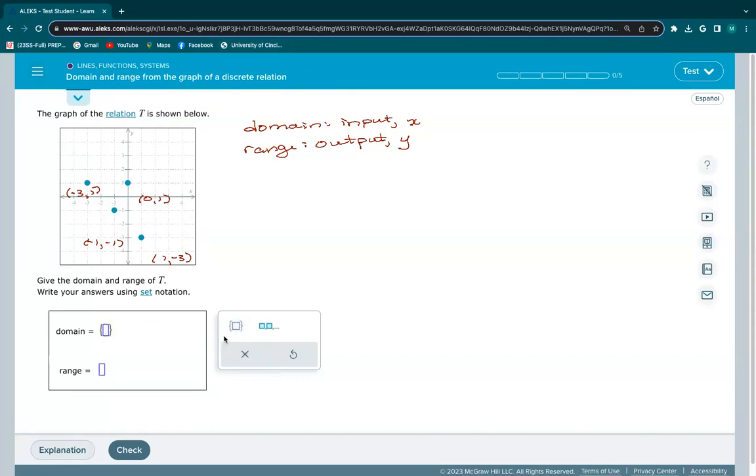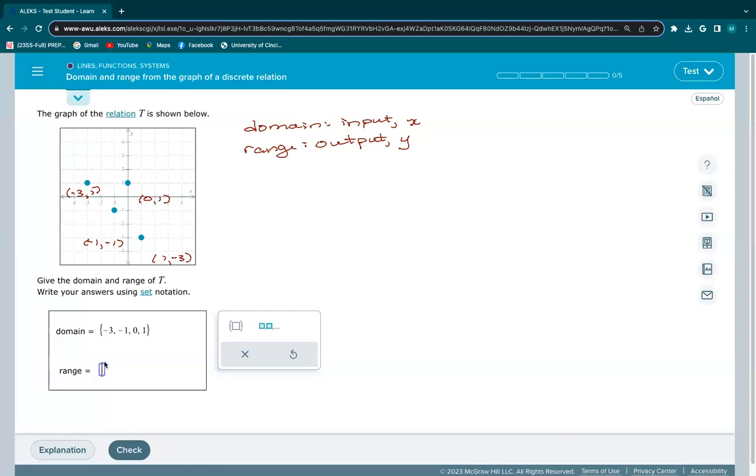So start with your braces, and then we are going to list our numbers. Our x's, if I go from left to right, you don't have to, but it will make sure that you don't miss anything. So I have a -3, a -1, a 0, and a 1.